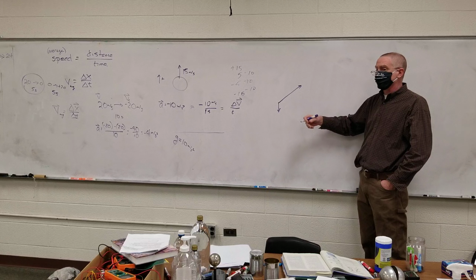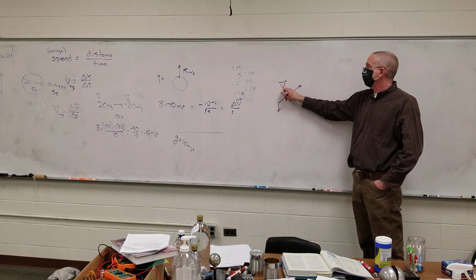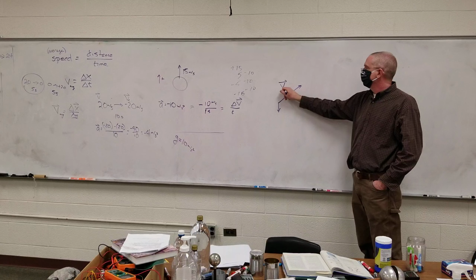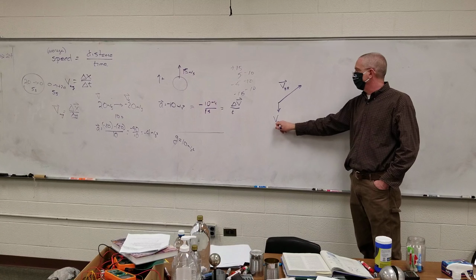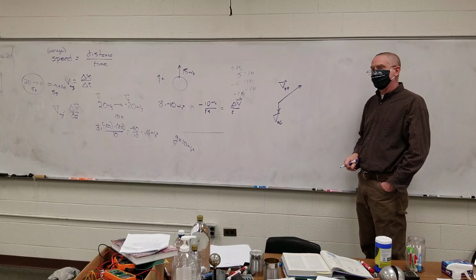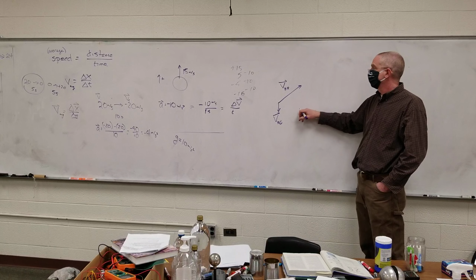Because everyone loves the shorthand notation in the alphabet soup of physics, this would be the velocity of, we'll just say the boat with respect to the river, and this is the velocity of the river with respect to the ground. So if you want to know how fast the boat is going with respect to the ground, well, you add the two.